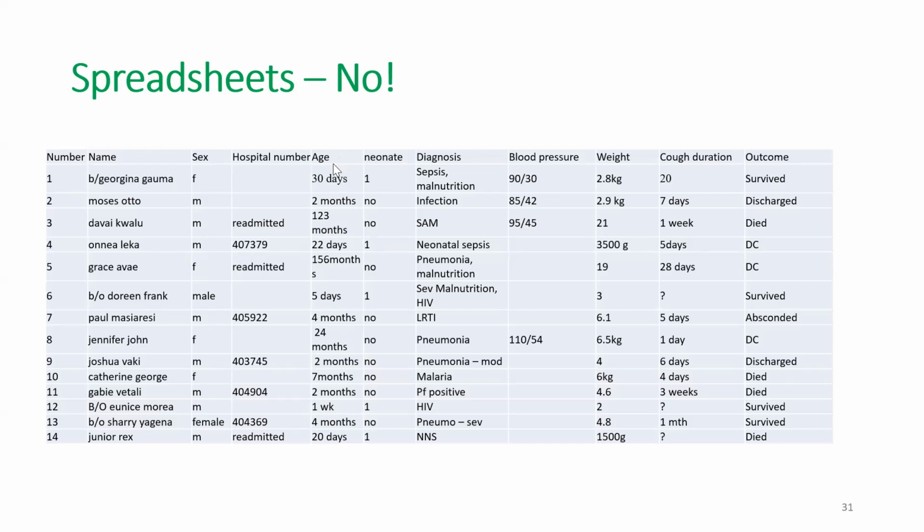So if you're looking at age in this population, I'd scan through it and I'd think that most usefully the age could be measured in months. So for example, a child of 30 days, that should be 1, shouldn't it?